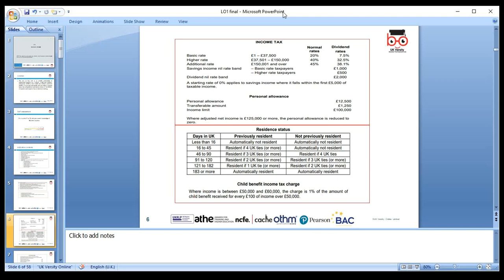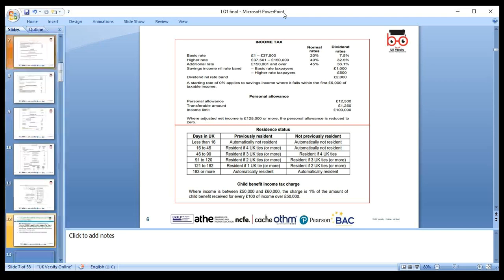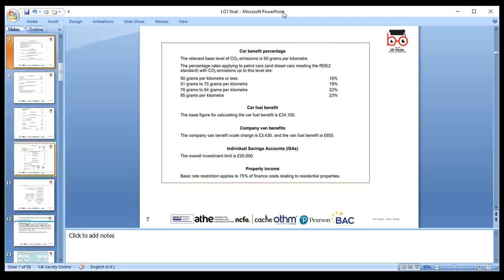That applies if the individual decides to pay tax every month through the payroll. The individual can make an arrangement. They can inform the payroll department, who can make the adjustment accordingly, or they can inform the tax office. And this is the criteria we need to look at, the car benefit percentage.